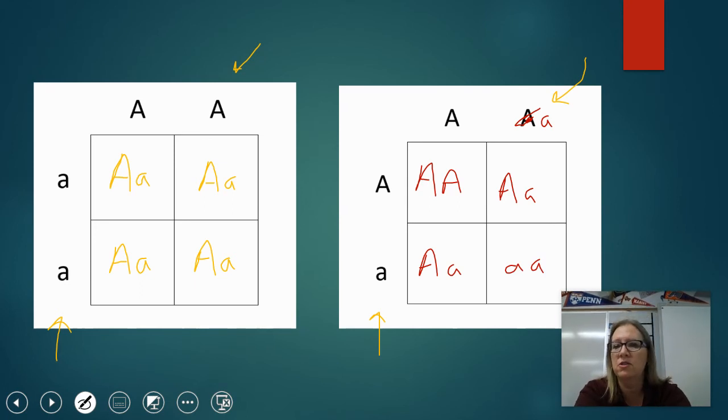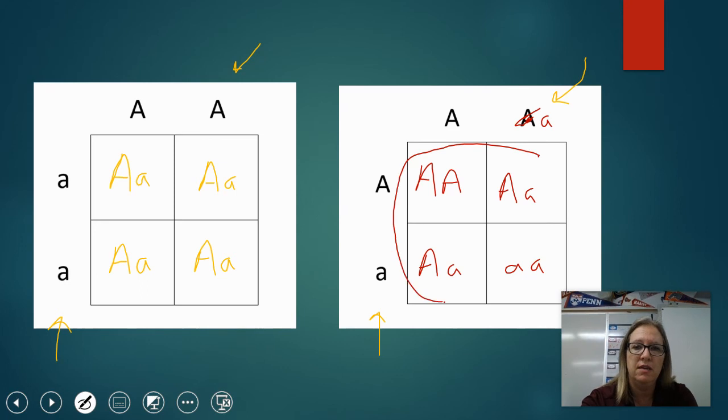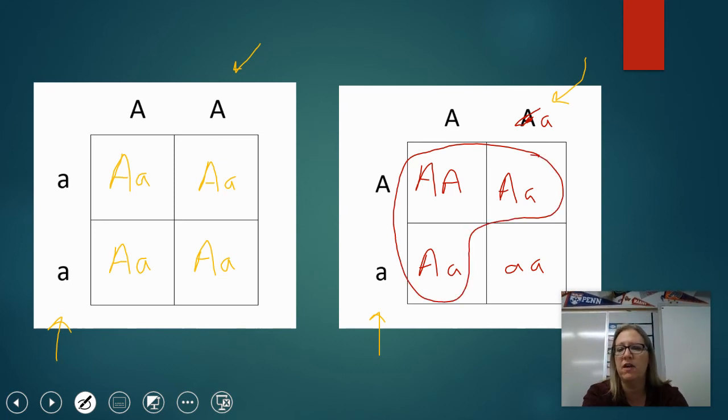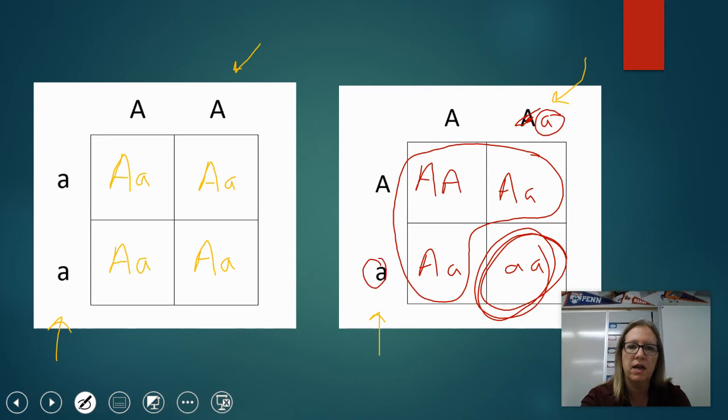This is that cross that I showed you the first time with the pea plants, okay? These three, so 3 out of 4, or 75% of the offspring in this case, will be dominant, but we finally get some recessive offspring because both parents carry that recessive allele. 25% or 1/4 of the offspring could be expected to show that recessive trait, okay?